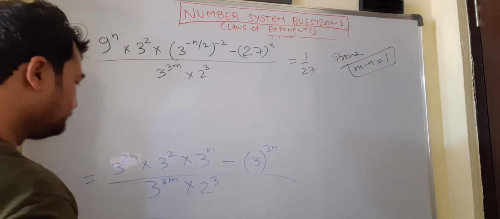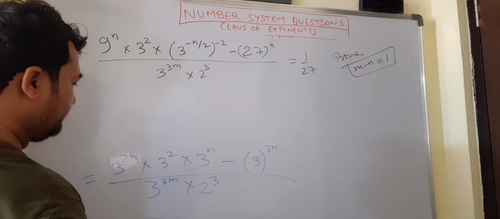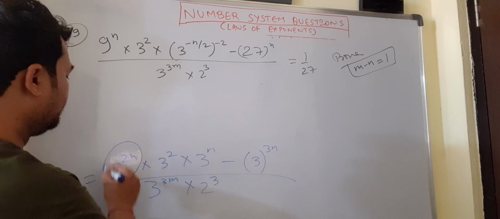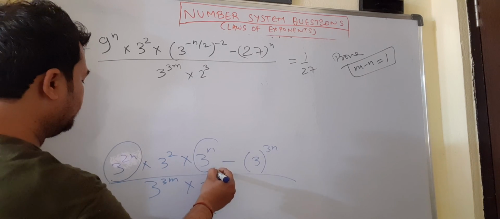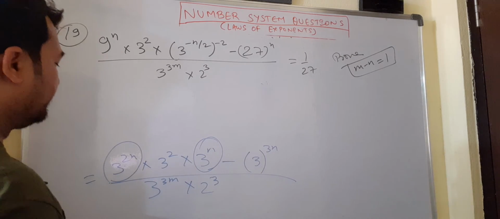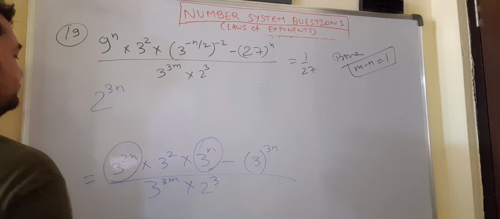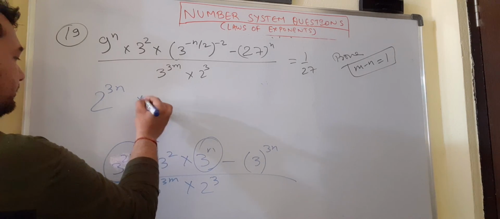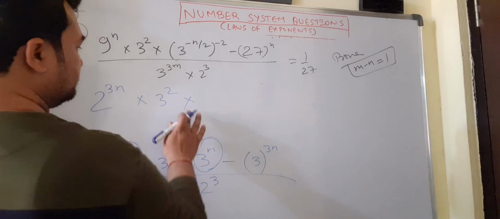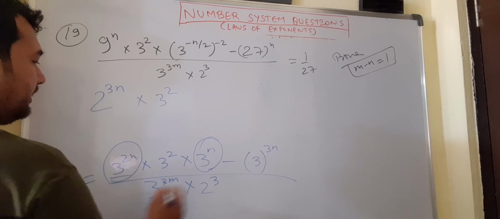You see what we have here. 2 to the power 2n and 2 to the power 3 to the power 2n and 3 to the power n. Powers will add up and make it 2 to the power 3n and 3 to the power 2, 3 to the power 2n and 3 to the power n.